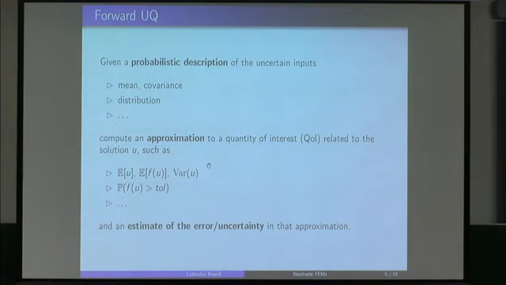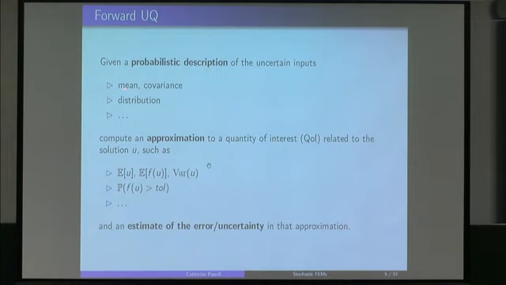We can also talk about the differences between forward uncertainty quantification and inverse uncertainty quantification. I'm sure this is going to come up later on as well. So I'm going to talk about forward uncertainty quantification. The methods I'm going to talk about, the computer codes, are designed to do this. You have a PDE model. You are prepared to model some of the things that go into that model with parameters or random variables. So what you do is you pick a probabilistic way of describing those inputs.